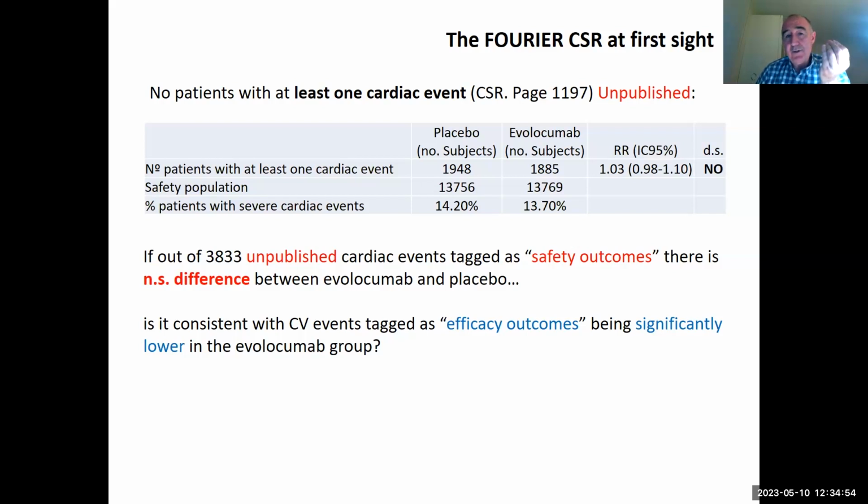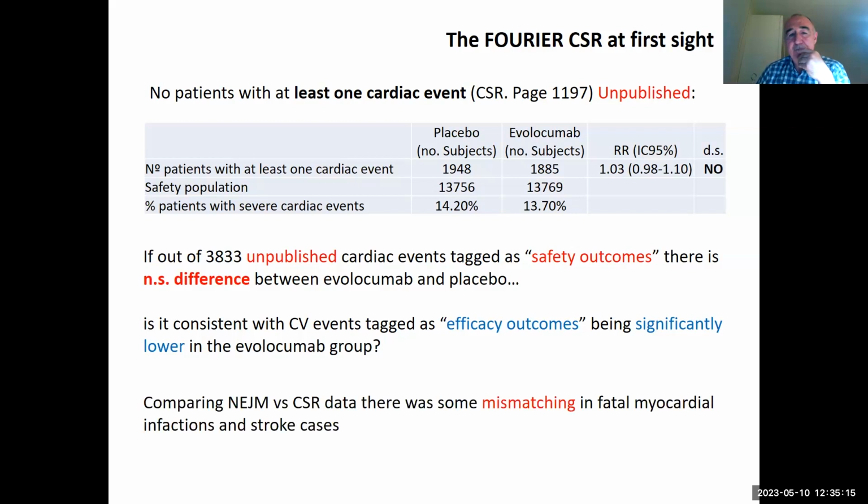In other words, were those cardiovascular outcomes unpublished and tagged as safety outcomes so different from those tagged as efficacy outcomes?